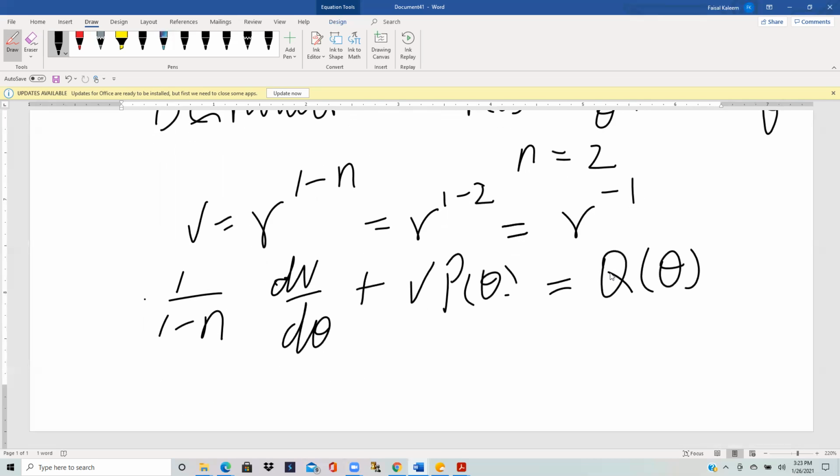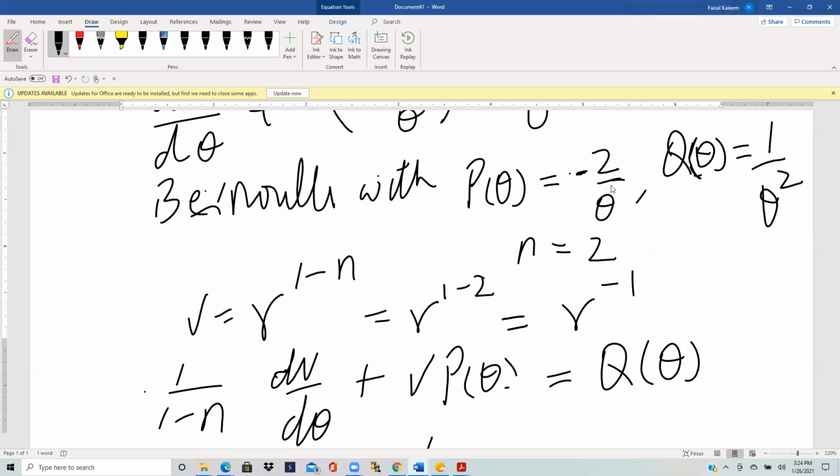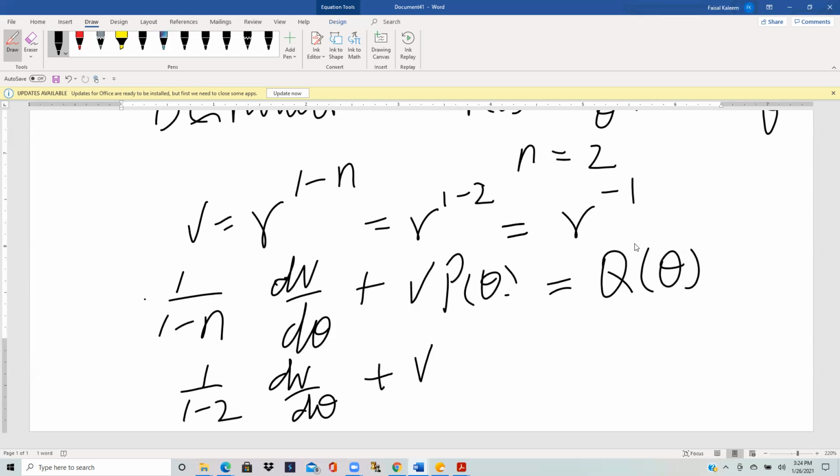So 1 over 1 minus 2, dv over d theta plus v times, so p of theta will be negative 2 over theta, is equal to q of theta. This is 1 over theta square.